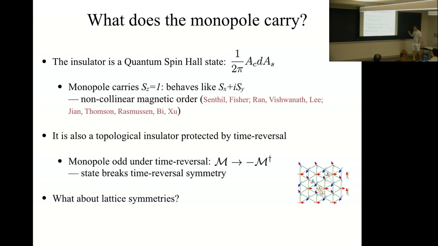So morally, that says the monopole operator behaves like something like S_x plus i S_y. In the language of magnetism, that's a non-collinear magnetic order. If an object like this condenses, I completely break my spin SO(3) rotation symmetry.